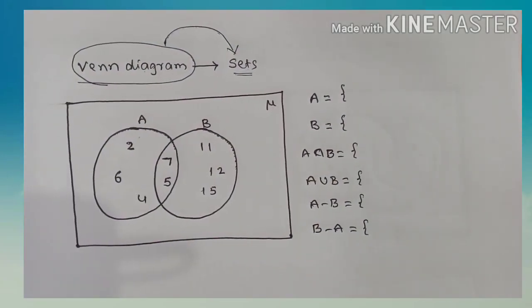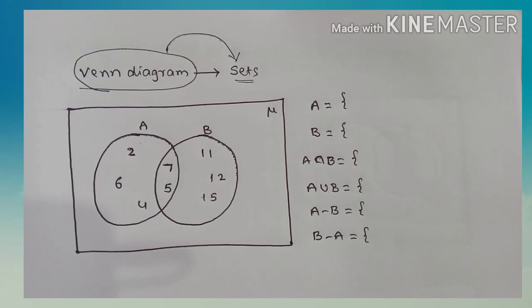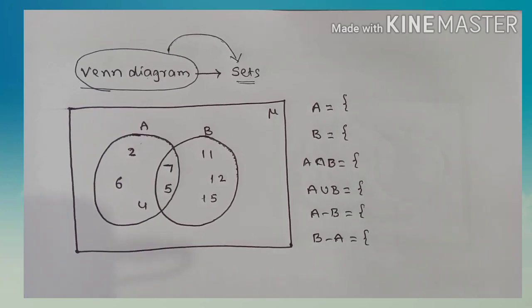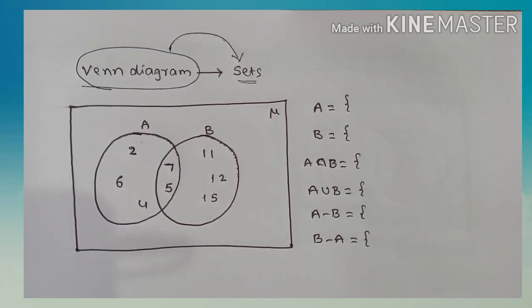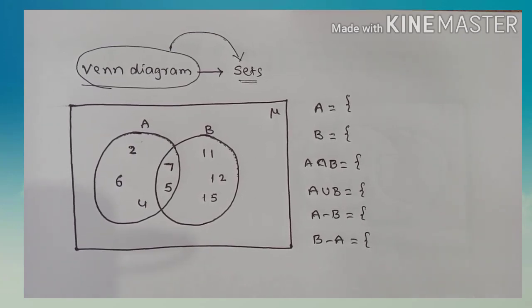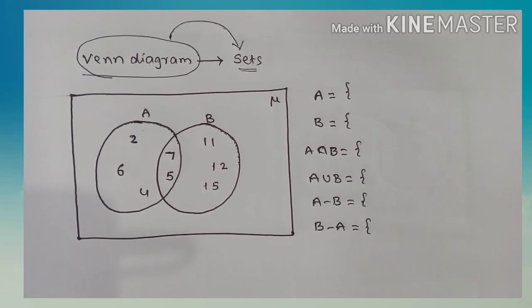In the previous case, they gave the sets and we drew the Venn diagrams. But in this case, they give the Venn diagrams, and we have to identify the elements in the particular set. Let's see how to get them.